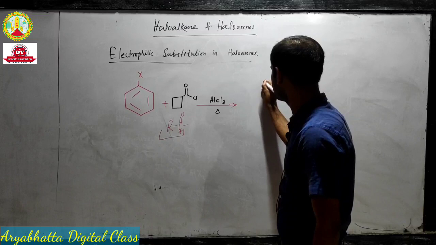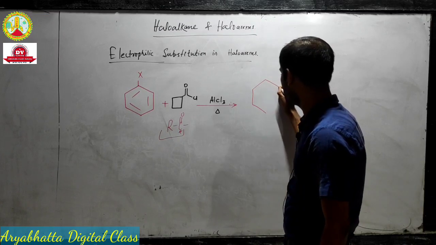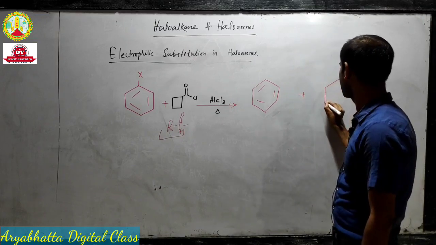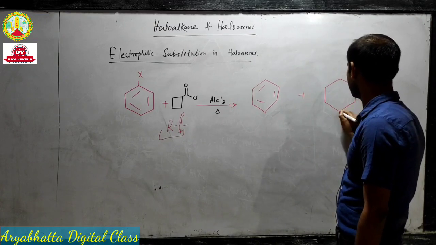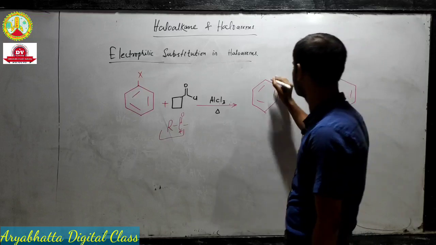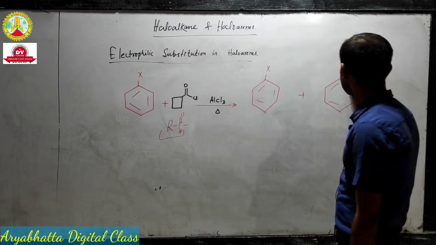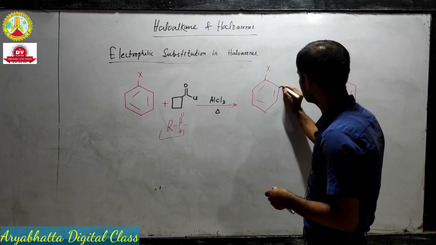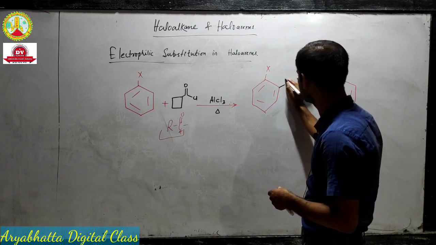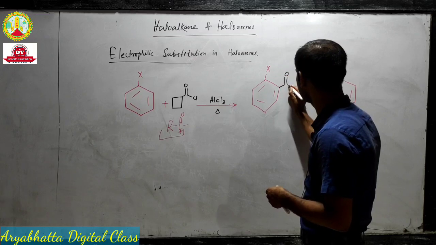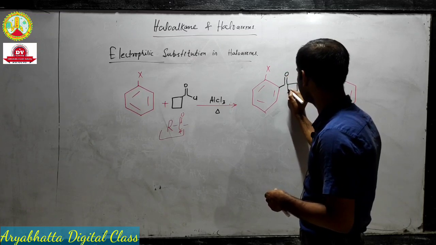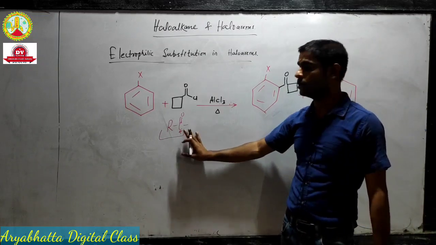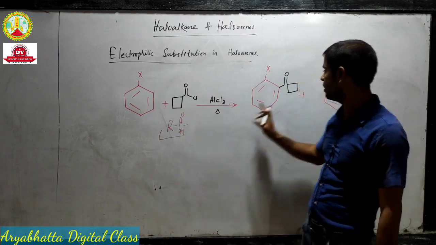So what will happen in the product? We will get two isomers. Halogen is common and the two isomers will look like this. So how will it get attached? Like this, because I told you which carbon gets attached to the ring? The carbon which contains the double bond.